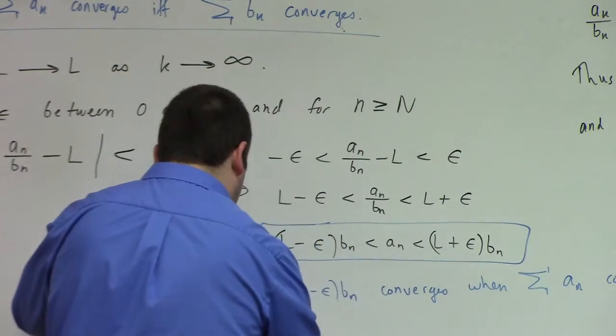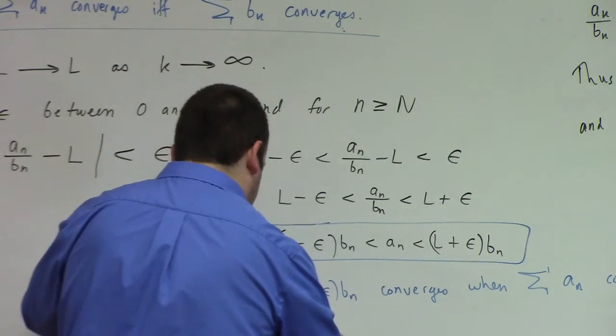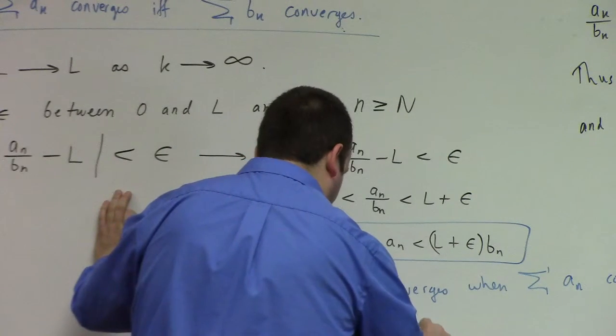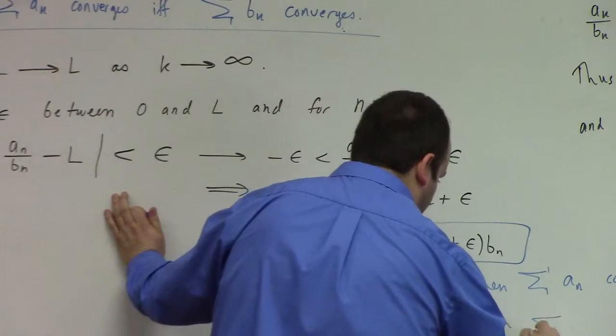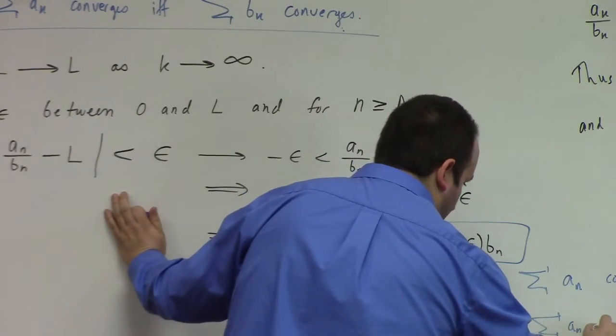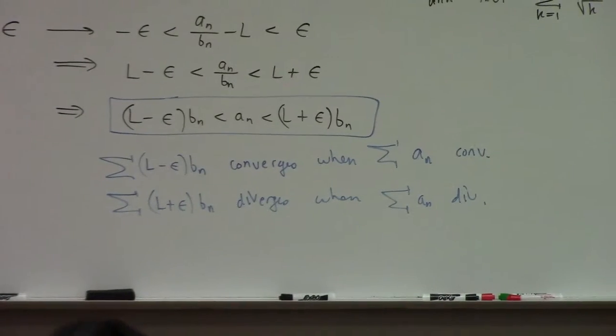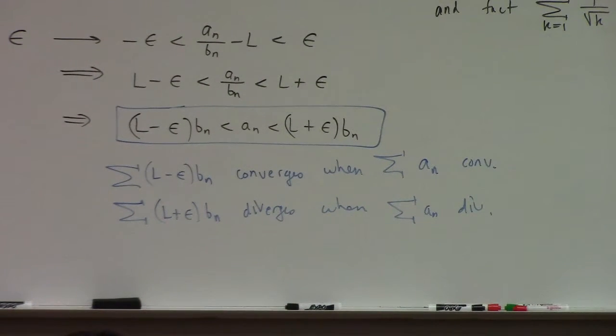And we have that the sum of L plus epsilon times b sub n diverges when a sub n diverges. But the thing is, those are just numbers, L minus epsilon and L plus epsilon, which you can pull out, and they don't alter the convergence or divergence of the series, and that proves it.